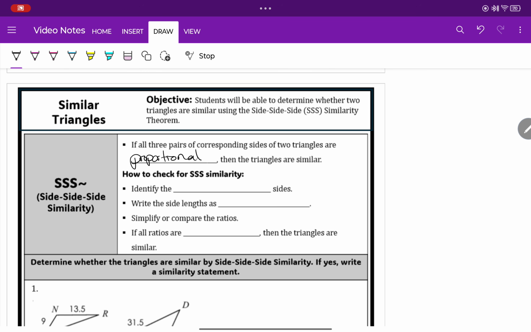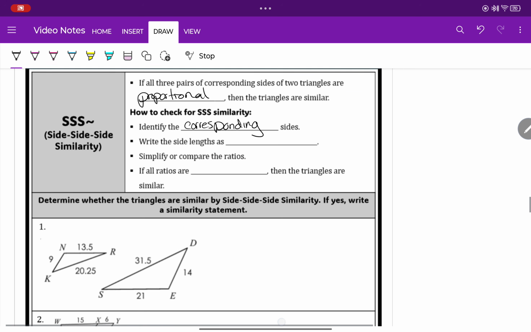So in order for me to check for side similarity, I first have to identify my corresponding sides. Okay. Once I know my corresponding sides, I can write my side lengths as proportions.